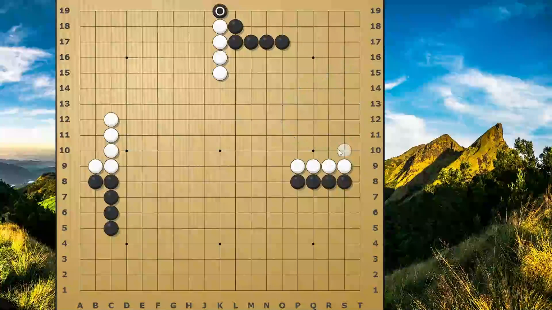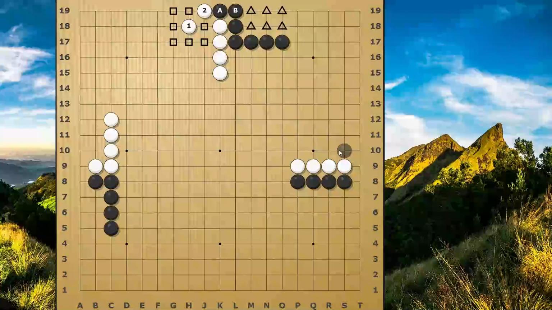If black plays this too soon, it's black's move. So black got these 3 points, and it's still his turn.